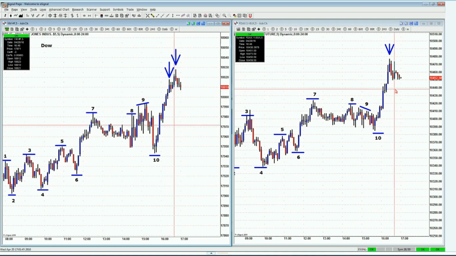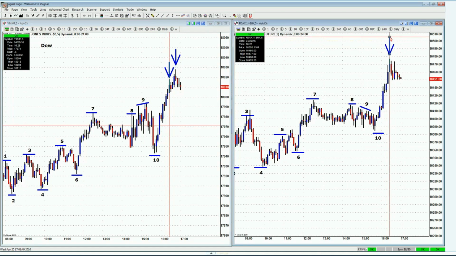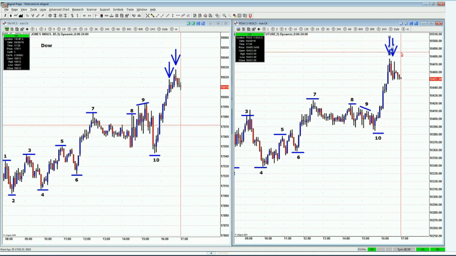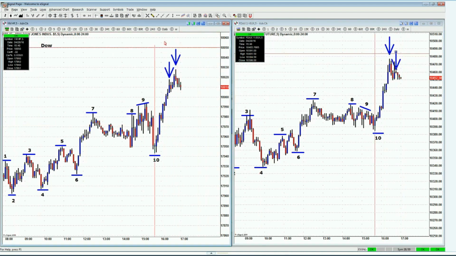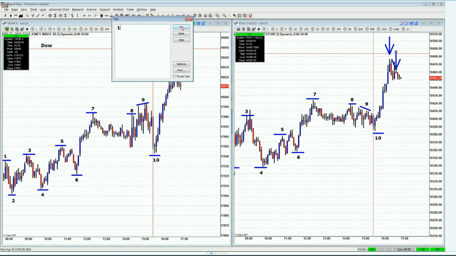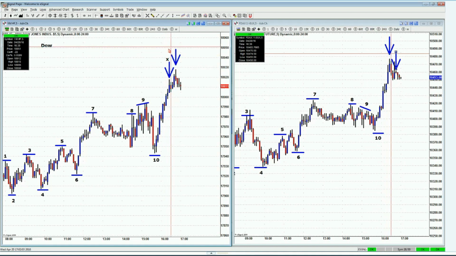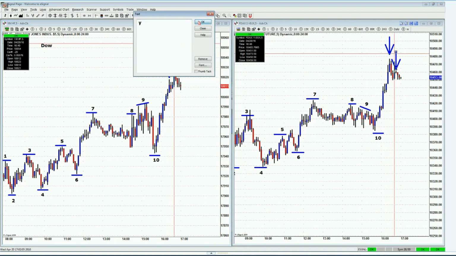So if I'm making a like-for-like comparison, and I put some numbers on, let me put some letters on instead, because I've been using numbers.